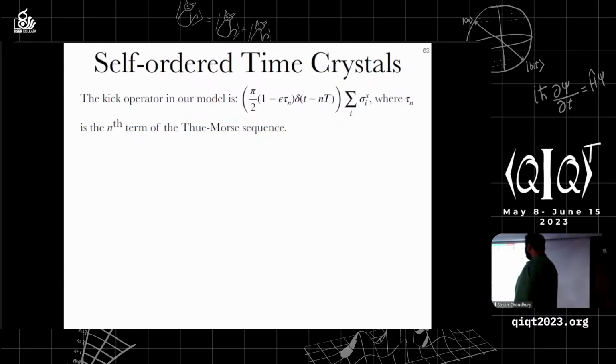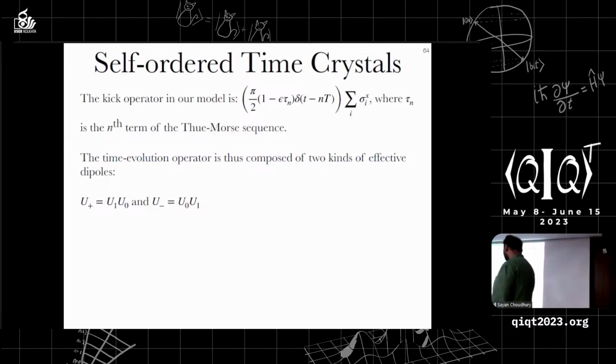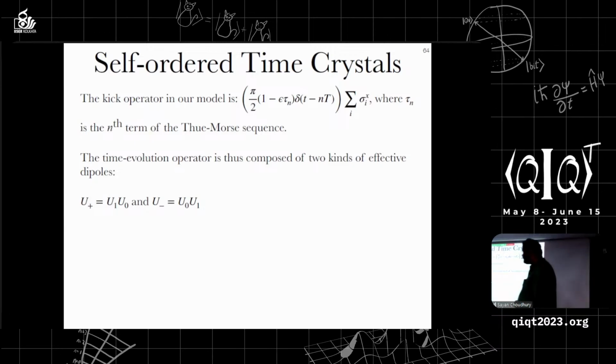And if I were to look at this kick operator in a model, and at the time evolution operator, you would find that after 2 pulses, your time evolution has the form of either U1 U0 or U0 U1, because you're always composed of dipoles. Okay.